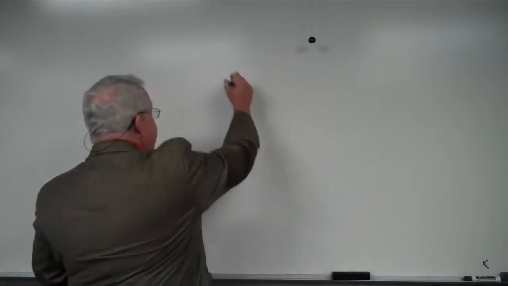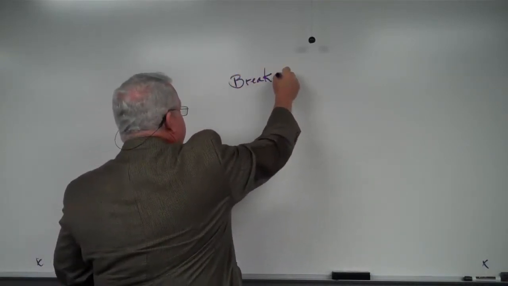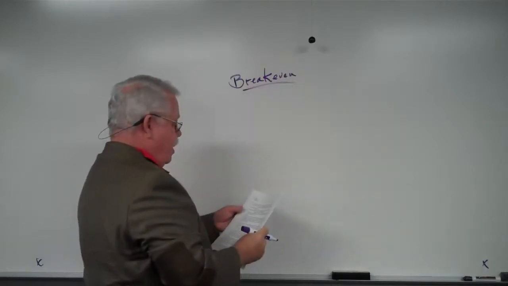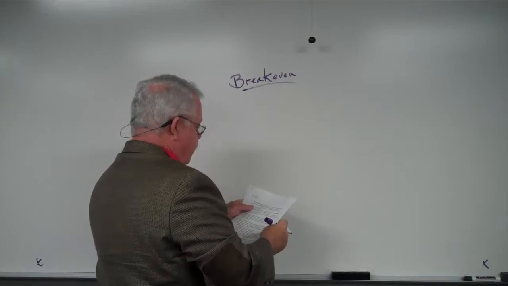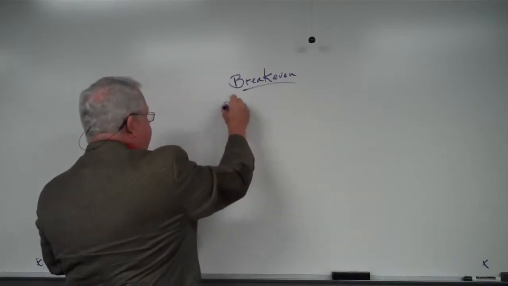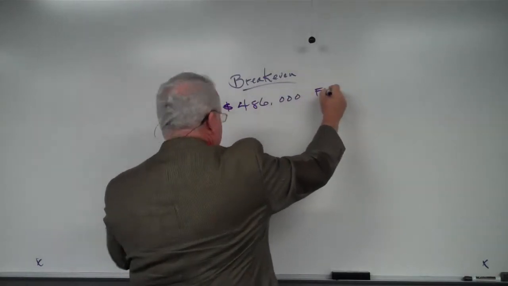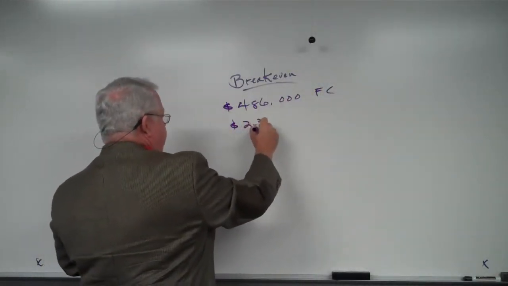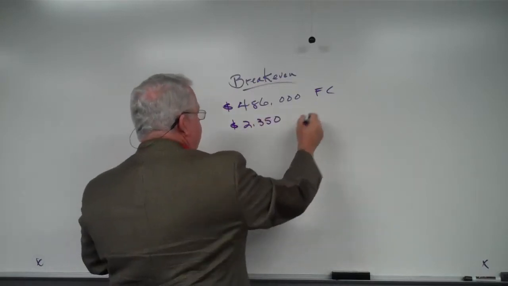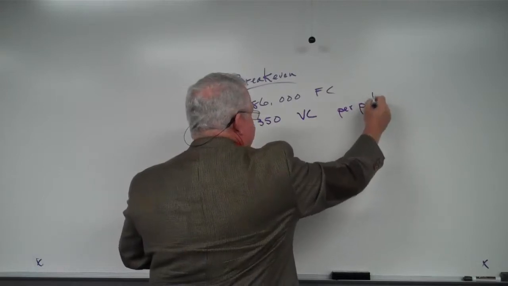It's one of what I've been calling the break-even type problems, at least the initial part of it. It says you've got a business center and you have $486,000 in fixed costs, and you have a variable cost of $2,350 per patient that you attend to.